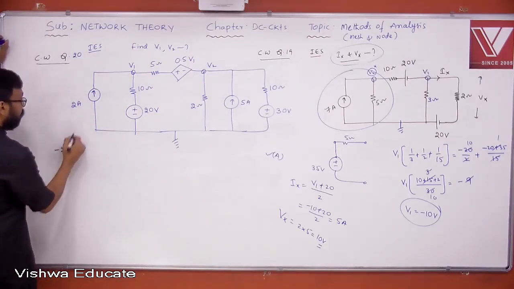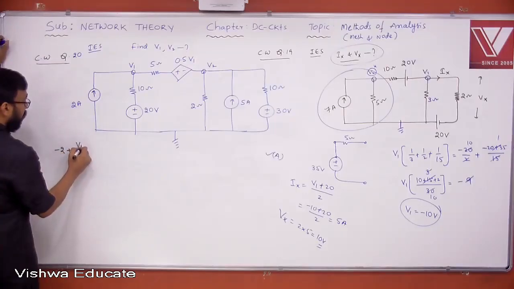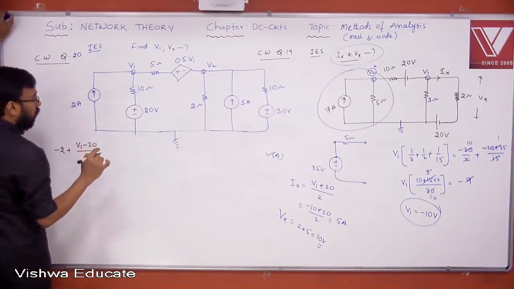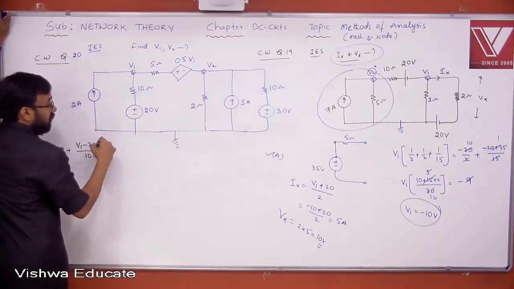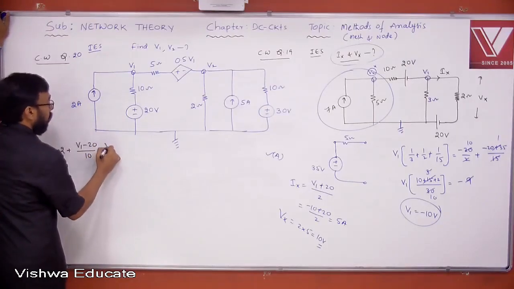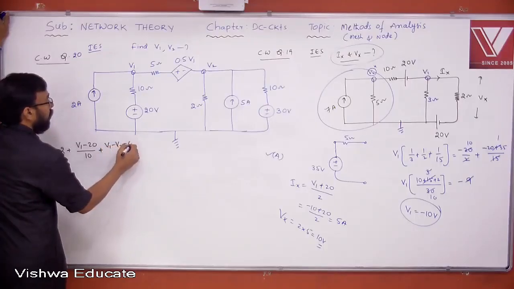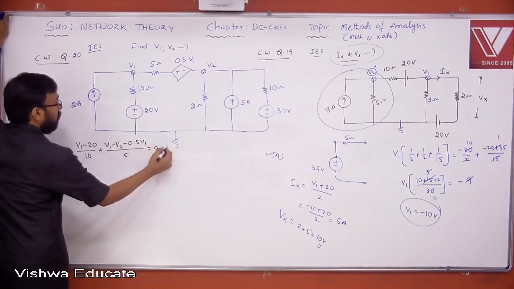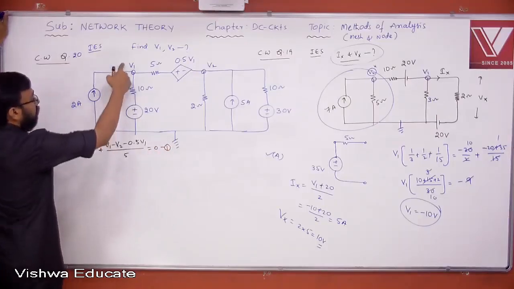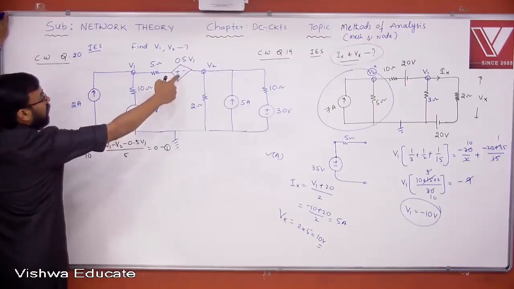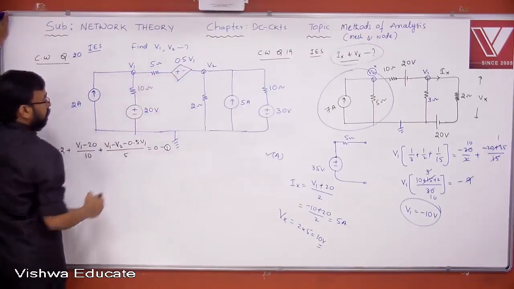Minus 2, V1 minus 20 by 10. I give you the answer directly. You have to solve it at home. You just get the answer after solving these equations. I'll give you the answer, don't worry. Minus 2 plus V1 minus V2 minus 0.5 V1 by 5 is equal to 0. This is equation 1. V1 minus 20 by 10 minus 2, V1 minus V2 minus 0.5 V1 by 5.